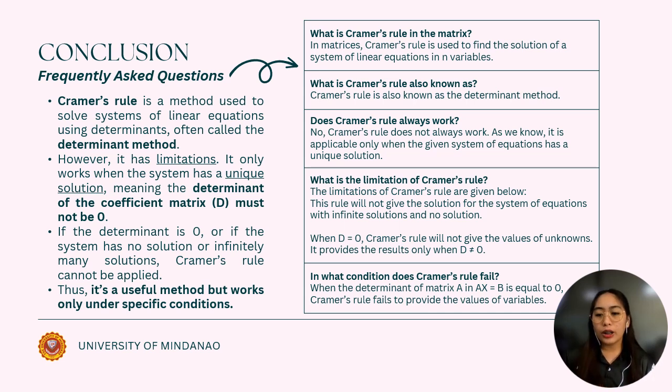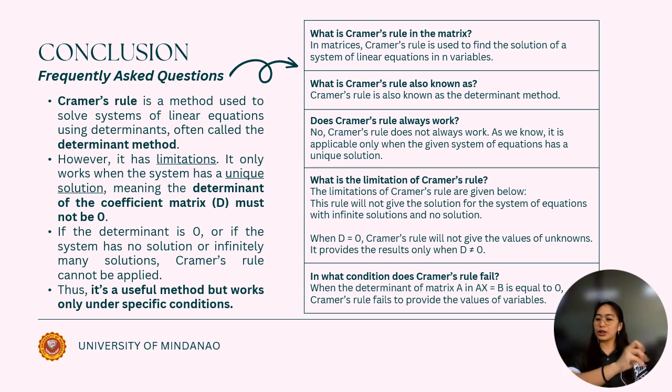So you can read the following frequently asked questions with the answers provided, for example, what is Cramer's rule in the matrix? It is the determinant method. Does Cramer's rule always work? We discussed already that it does not always work because of the specific condition. What is the limitation of Cramer's rule?